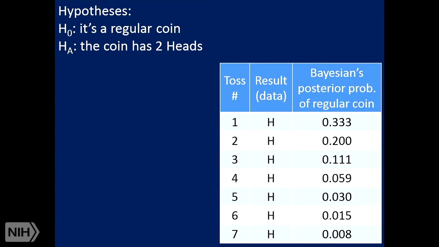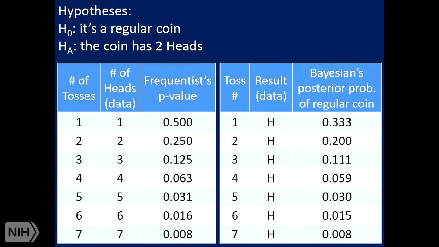So here's the Bayesian posterior probability after each toss. What I'm showing you here is the Bayesian probability of tossing a regular coin after each toss. And you can see that it's going down after each toss because we keep on getting heads. And this is where it compares to the frequentist p-values.